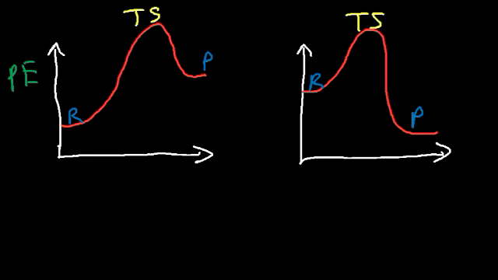Now, the difference in potential energy between the products and the reactants, what is that called? So what is the value that corresponds over here? This is the enthalpy. The enthalpy of the reaction is basically the products minus the reactants. In general chemistry, you've learned it as the sum of the products minus the sum of the reactants.